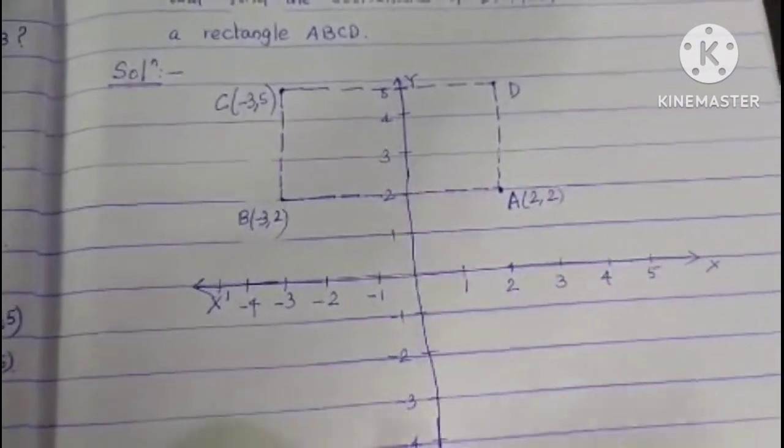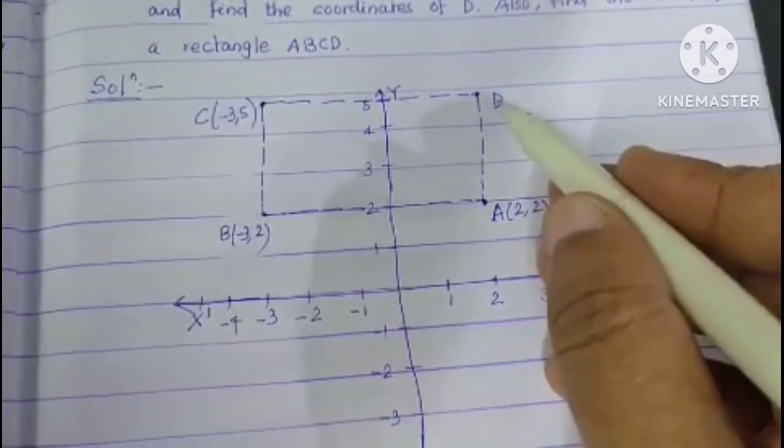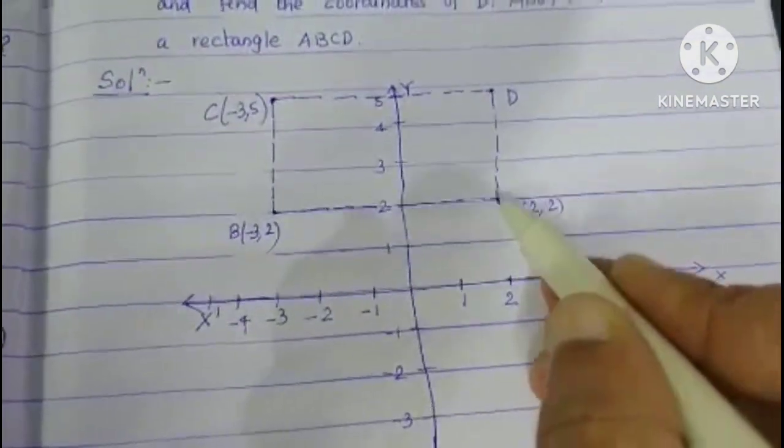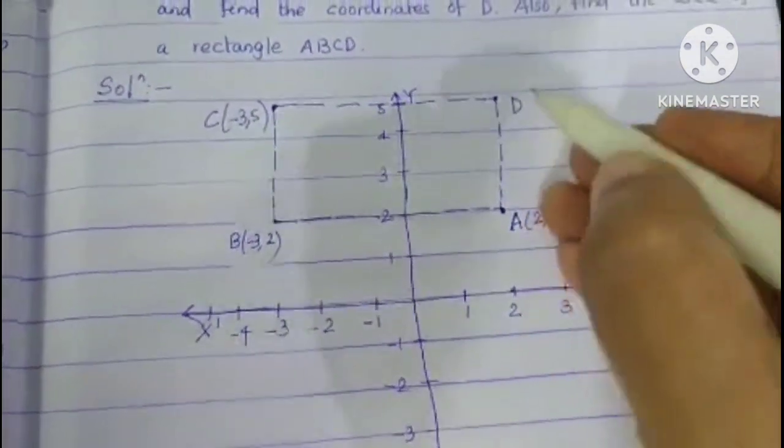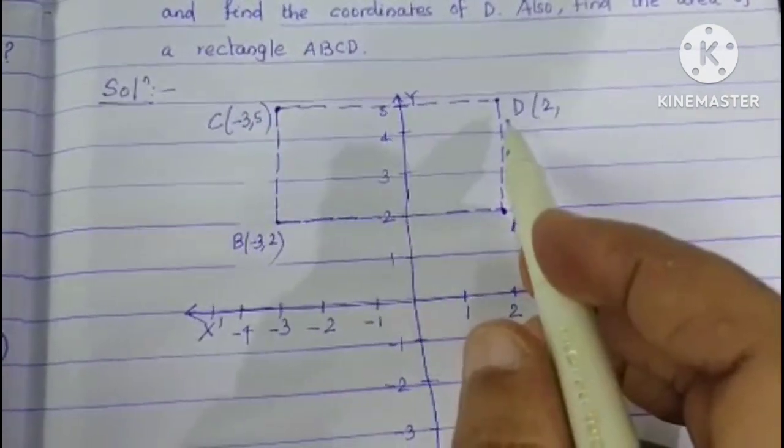We know the abscissa of point D will be the same as A. This will be just above point A, so it will be 2. And what will be the ordinate, that is the y coordinate?